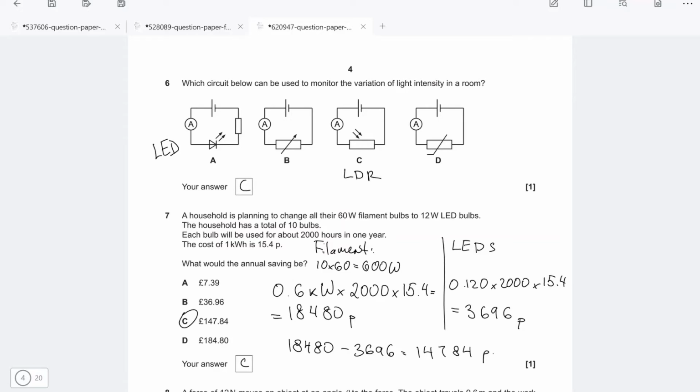B is a variable resistor, which will have nothing to do with the light intensity in the room. However, C is an LDR, and D, of course, is a thermistor. Now, an LDR will change its resistance according to the light intensity. Therefore, the correct answer is C.